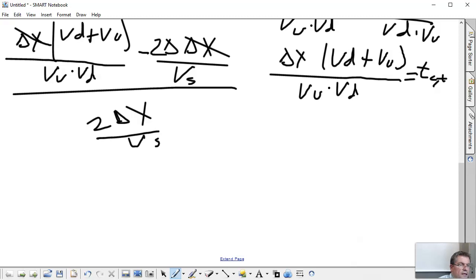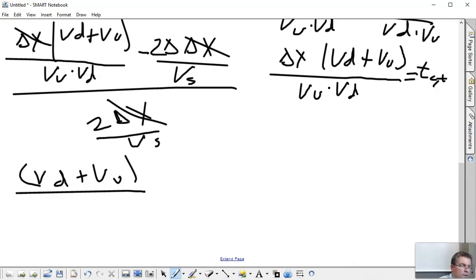So our final equation: v sub d plus v sub u over v sub u times v sub d, minus 2 over v sub s, all over 2 divided by v sub s.